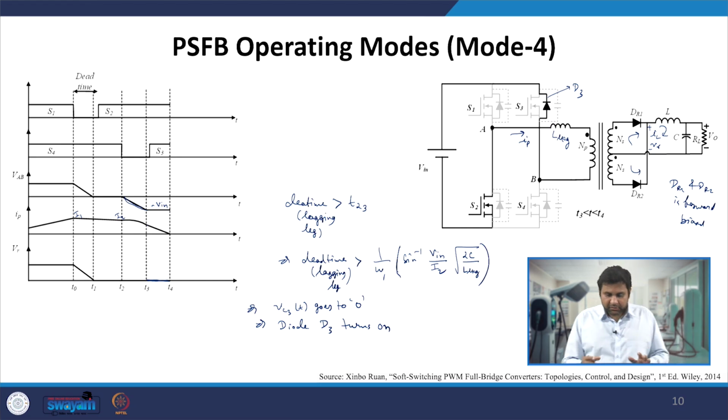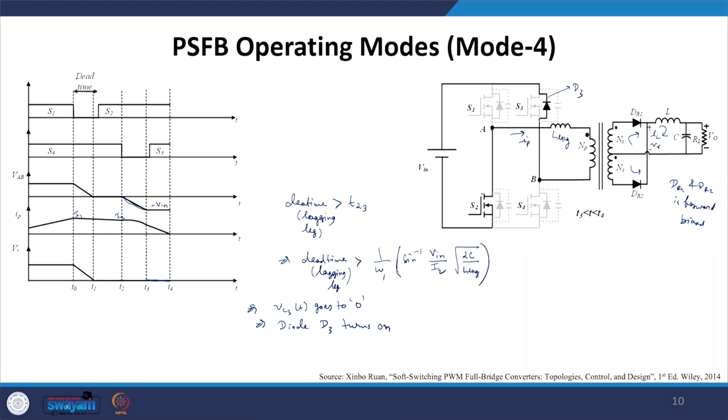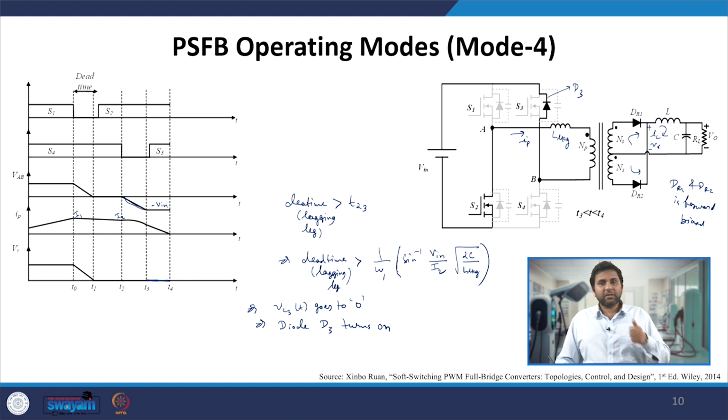So what we understood is that in the case of leading leg switches, we have to provide a dead time greater than T01 in order to ensure the soft switching of the S1 and S2 switches. In the lagging leg switches, we must ensure that the dead time of the lagging legs is equal to T23, and during the T23 period, it is the L leakage which is resonating with C3 and C4.